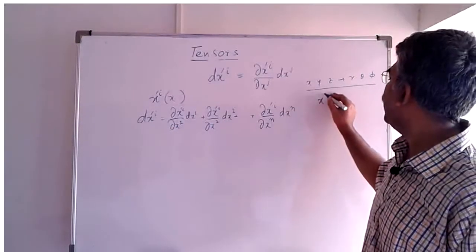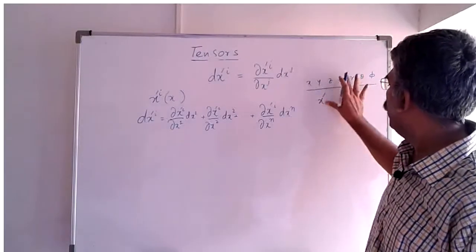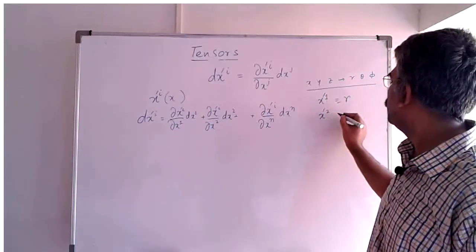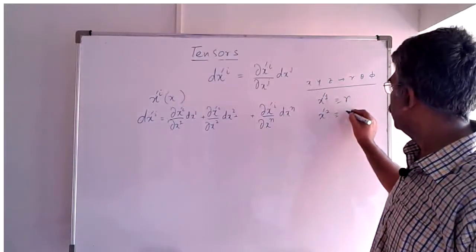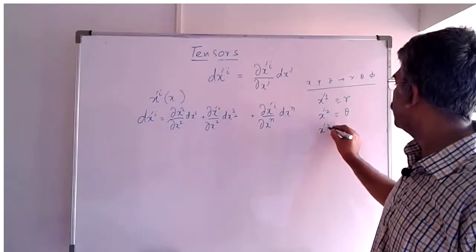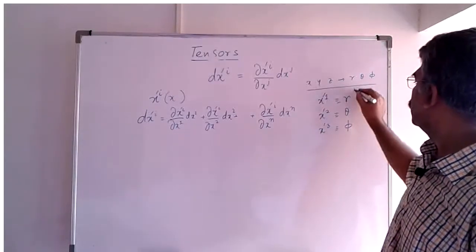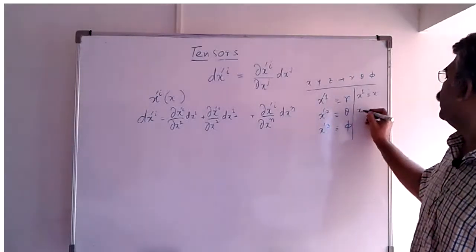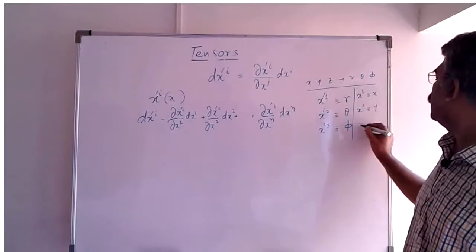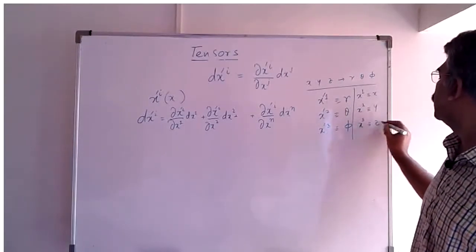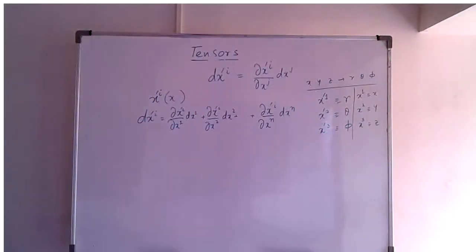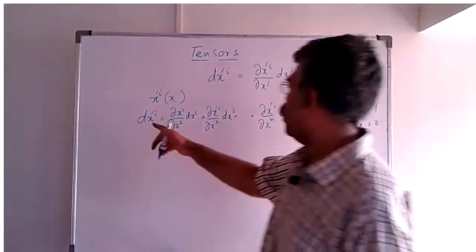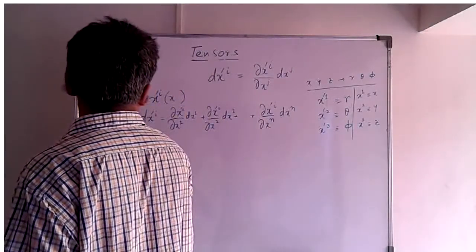Suppose when it's x prime 1, this is r; when it's x prime 2, this is theta; when it's x prime 3, this is phi. And when it's x1, this is x; when it's x2, this is y; when it's x3, this is z.